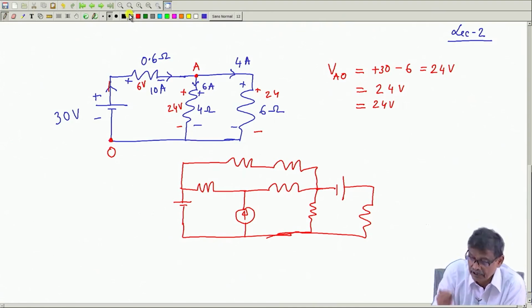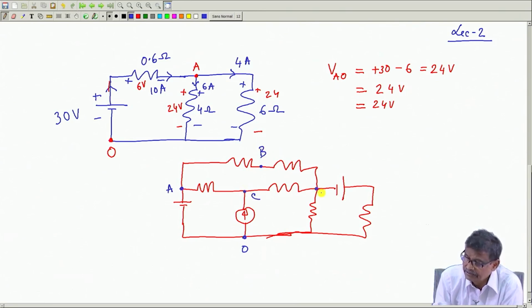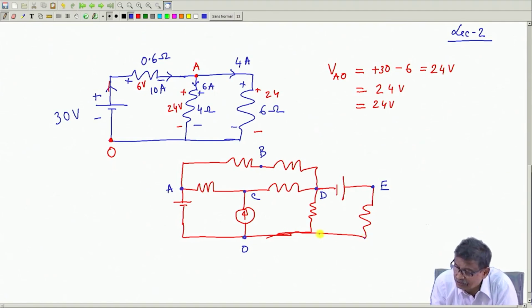For example, say this point is A, this point is O, this point is B, this point is C, this point is D, and this point is E. This O point is all O, and this is also O, because no element exists here.